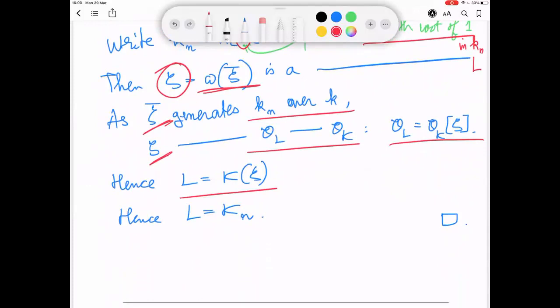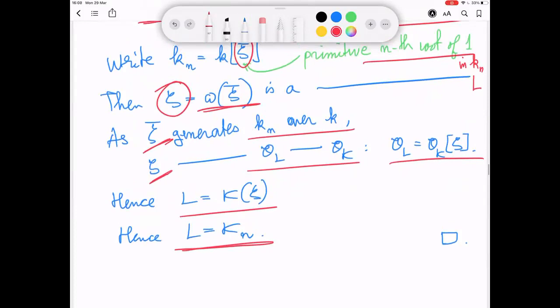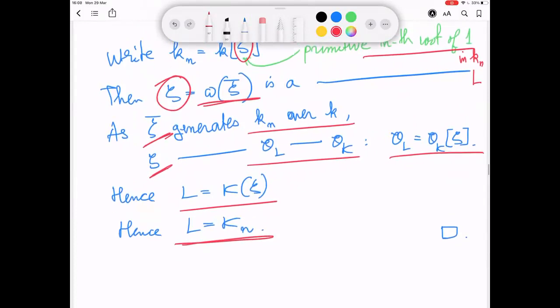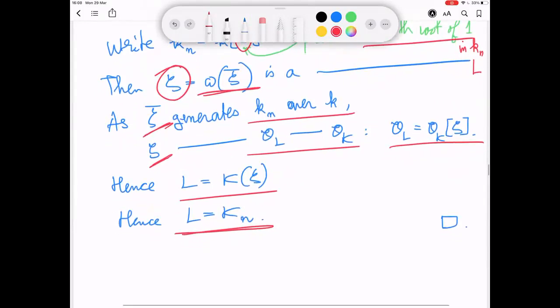In other words, L contains K_n, and therefore they have to be equal, because K_n is the smallest extension of K containing a primitive nth root of unity.